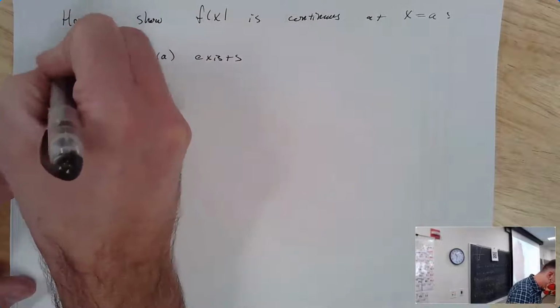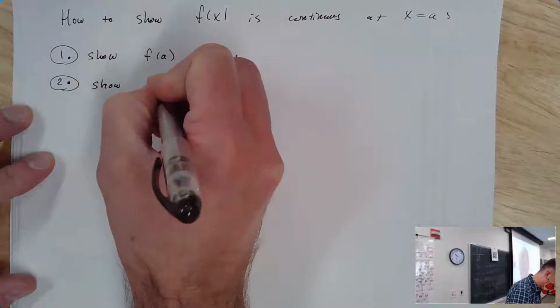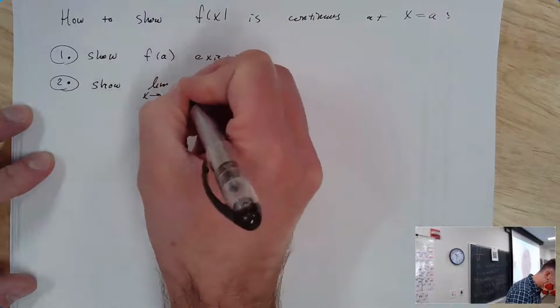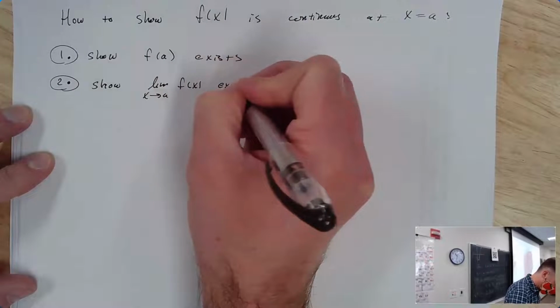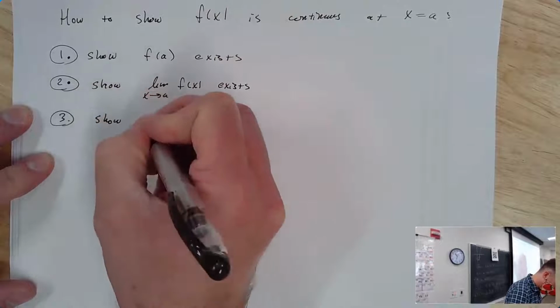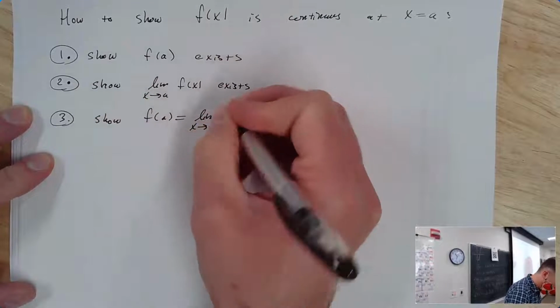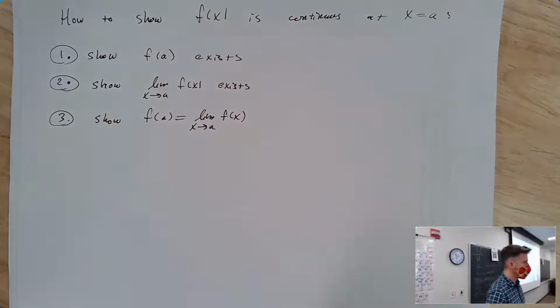Step 2: the limit exists. And step 3: show that they're the same. And if you fail any one of these steps, it's not continuous.